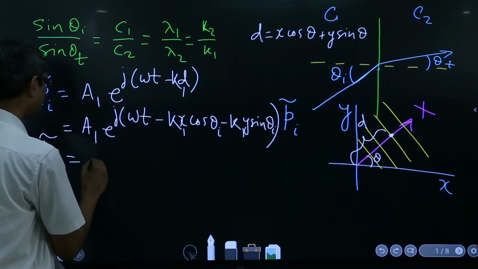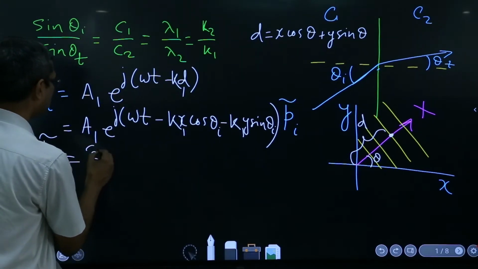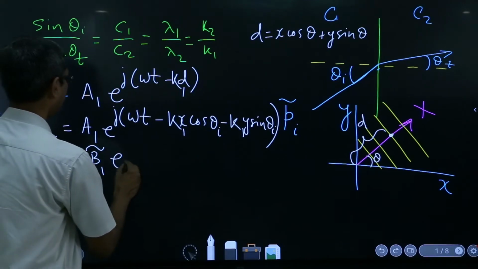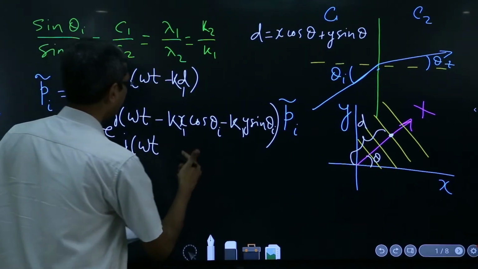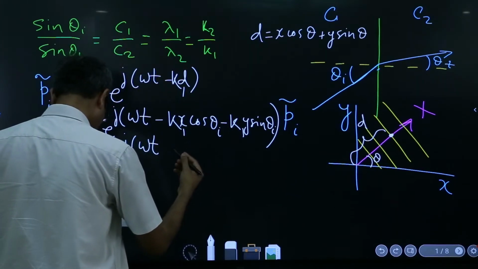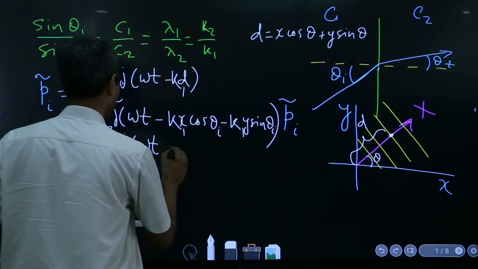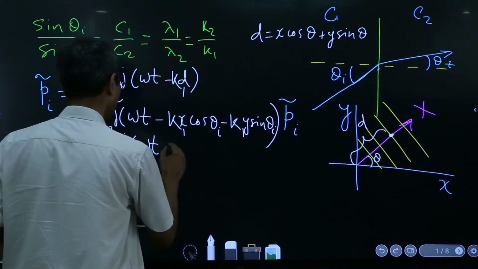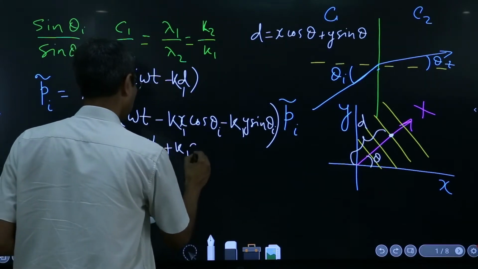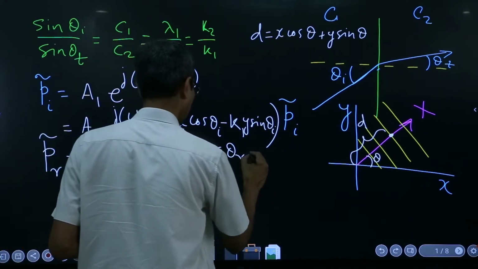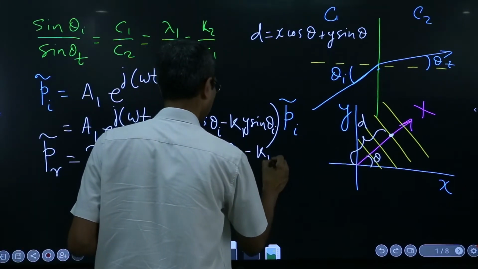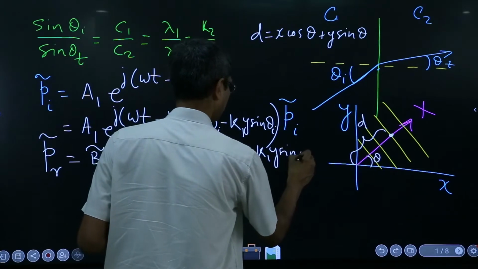Now we can have say B1, which is complex, e raised to j omega t. Here I'll just write it down and you try to see whether it's acceptable to you or not. K1 x cosine of theta r minus k1 y sine of theta r.